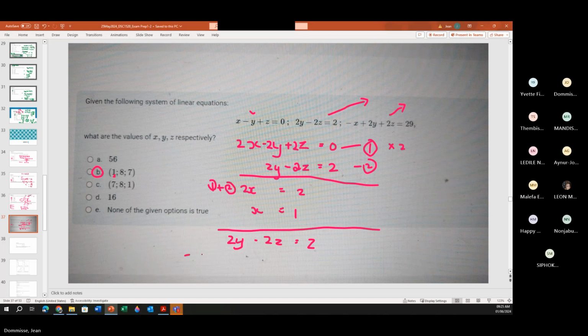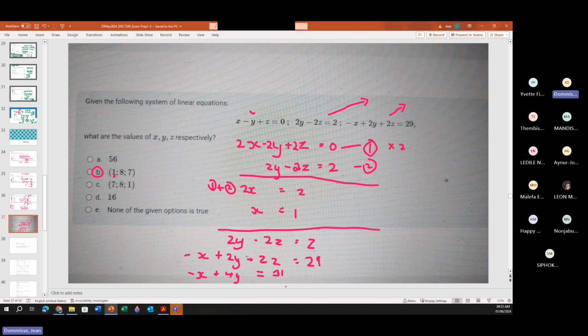And we've got minus x plus 2y plus 2z equal to 29. Okay, so let's add the two together. Minus x plus 4y, those two cancel out, so that is equal to 2 plus 29, so that is 31.